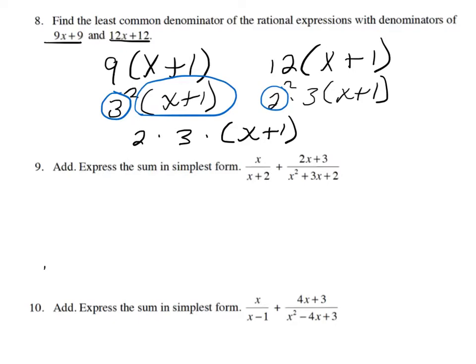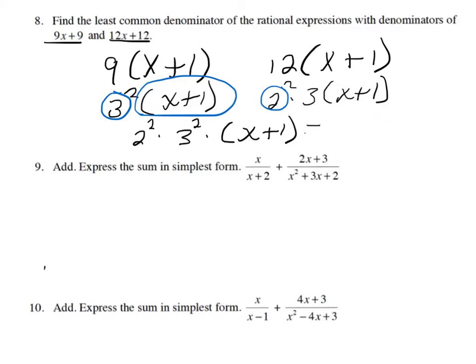How many 2's did I have? I had 2. Do I have any 2's over here? No, I don't. So I'm going to take 2 of them. How many 3's here? 1. Sorry, I have 2 3's here and 1 3 there, so I'm going to take the most, which is 2. How many x plus 1's here? 1. How many x plus 1's there? 1. So I'm going to take 1.